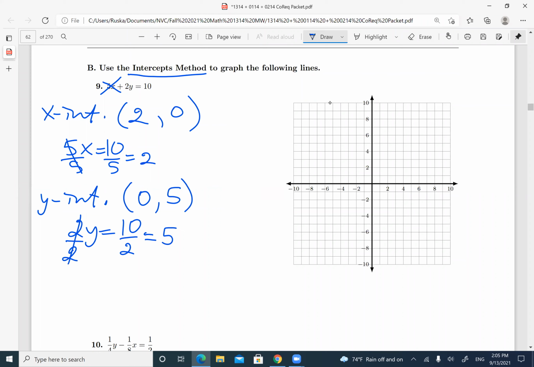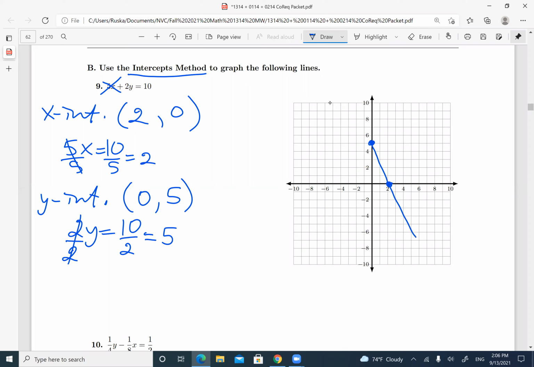Okay, so these are my x-intercept and y-intercept. These are the points I'm going to graph. For the x-intercept, I go on the x-axis at 2, and for the y-intercept, I go on the y-axis at 5. These are my 2 points I'm going to connect with a straight line, and that's going to be the graph.